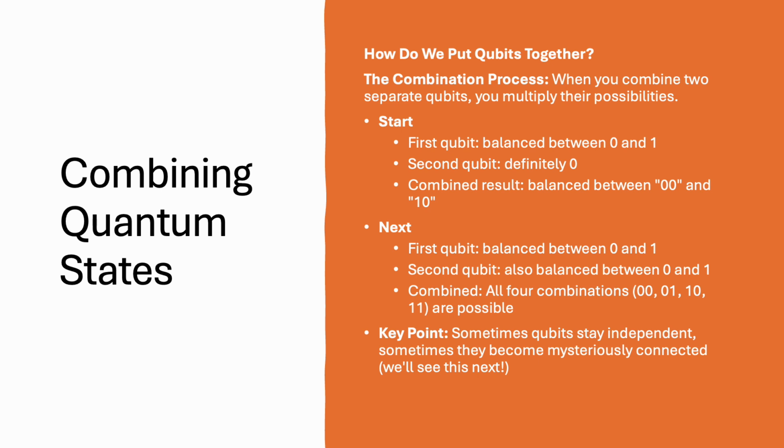We can still think of the qubits as having individual identities. However, as we will see in the next slides, not all multi-qubit states can be broken down this way. Some states are entangled, meaning the qubits are so intertwined that you can't describe them separately. This is where things get really quantum mechanical.